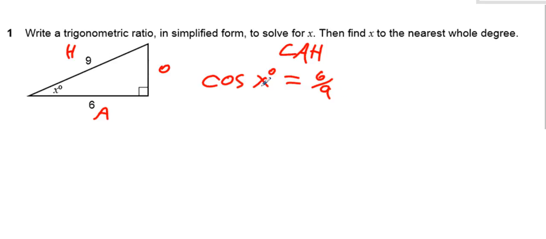Then to solve this, since we're trying to solve for the degree, we have to do inverse cosine and switch the fraction with the x. And that's what we type into our calculator to get the answer. Inverse cosine, 6 over 9.